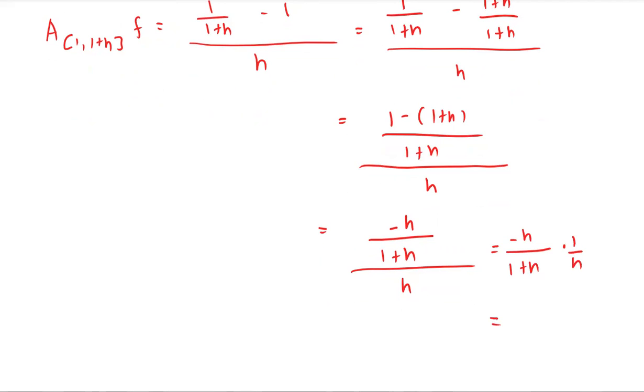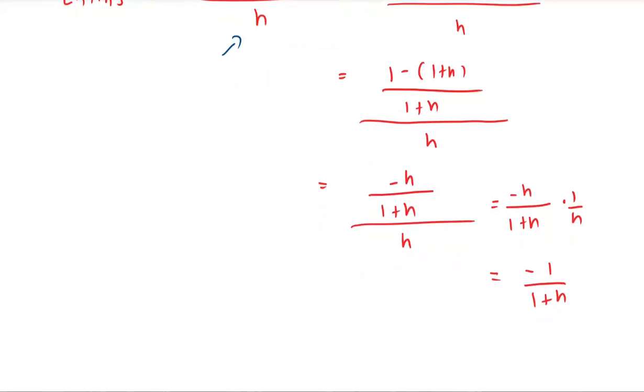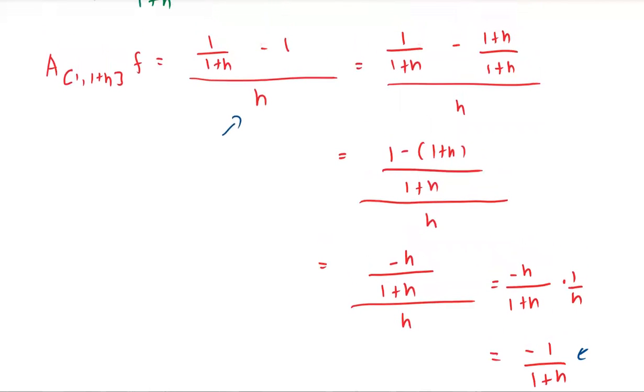H in the numerator and h in the denominator cancel, and this ends up being negative 1 over 1 plus h. And this is why I recommend that you simplify expressions like this. See how the first time, where we just plug everything in, it looks a little bit messy, but after simplifying a little bit, it looks very simple. So that's why I recommend simplifying stuff like this.